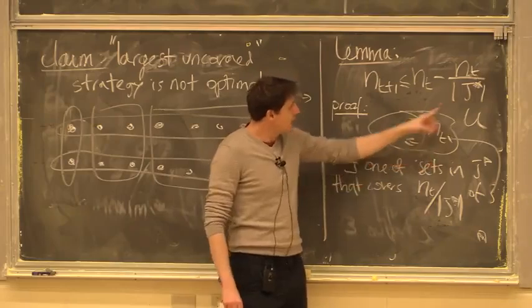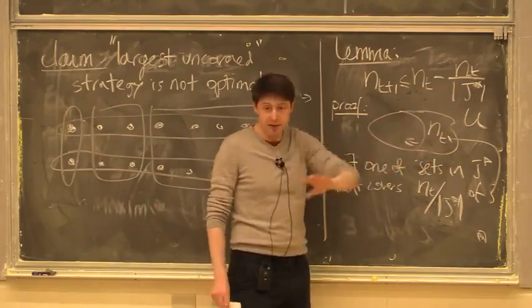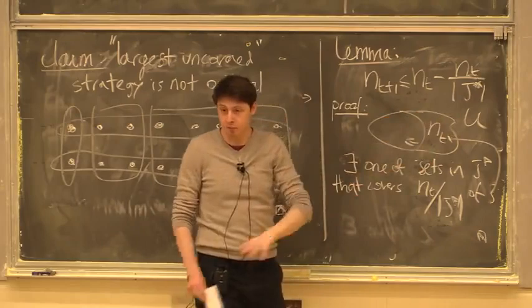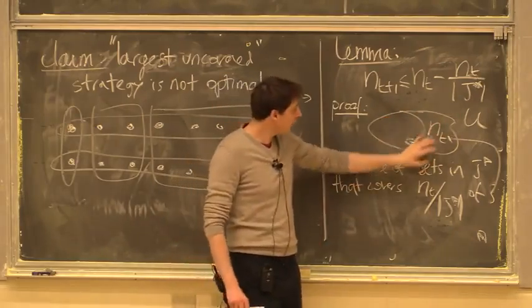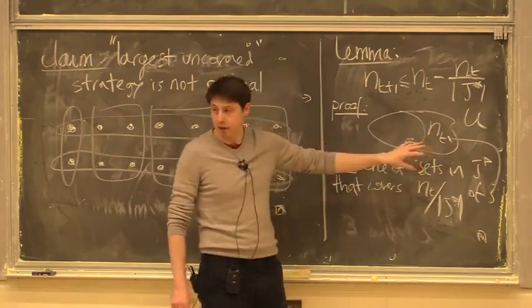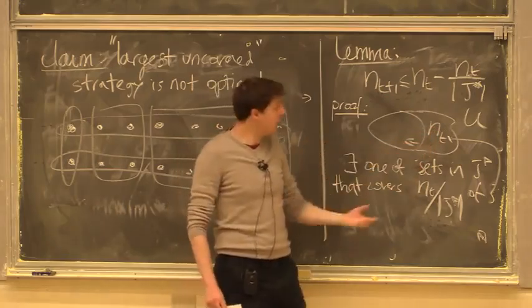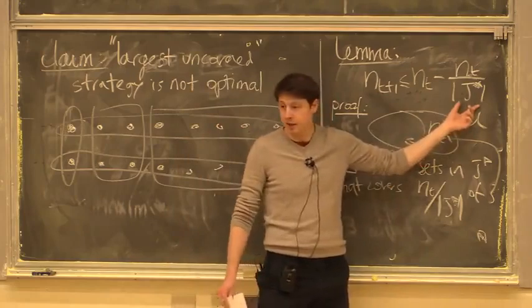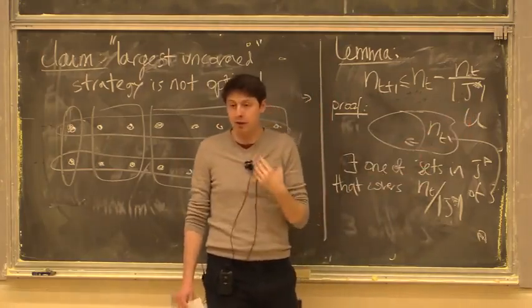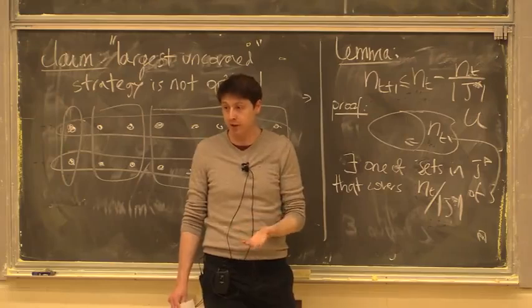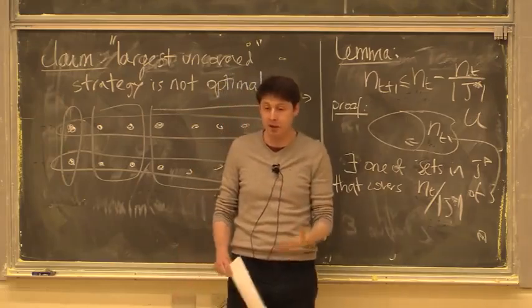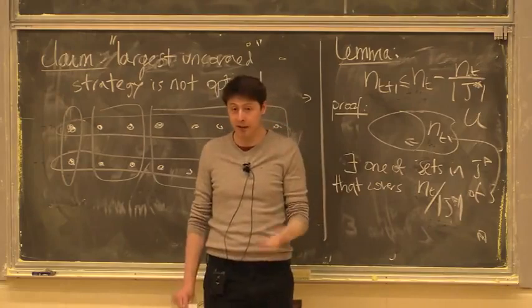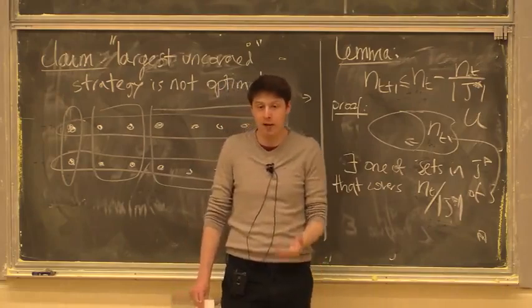In the solution J star that I know nothing about other than its size, all of the nt are covered. But there's only so many sets, size of J star. So one of them will cover at least a 1 over J star fraction. Because if all of them cover less than that, they certainly cannot add up to covering nt. So one of them will be largish.